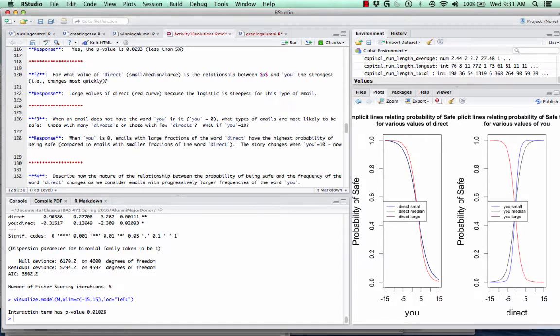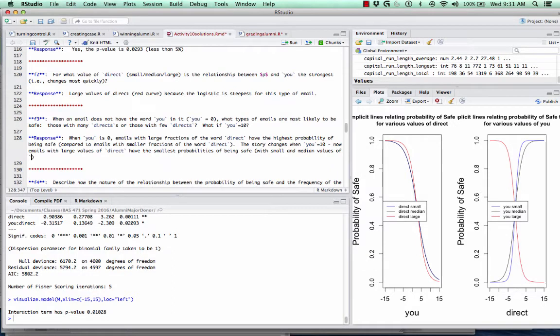Specifically, now emails with large values of direct have the smallest probabilities of being safe, with small and median values of direct having a higher probability of being safe.